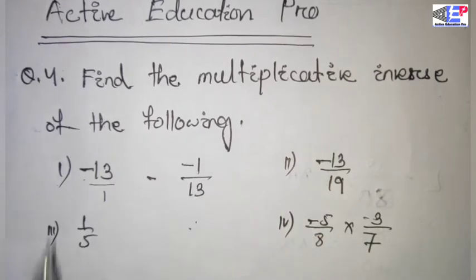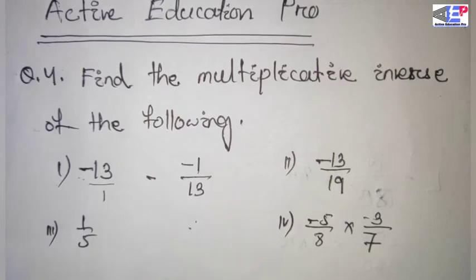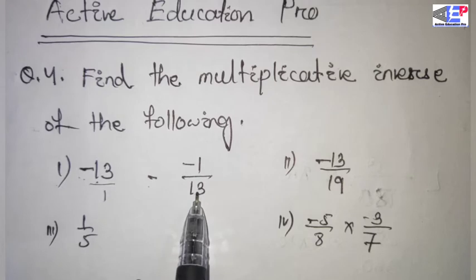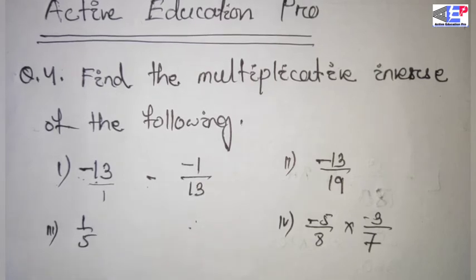When you multiply minus 13 with minus 1 by 13, the answer is 1. If the product of two numbers is 1, the multiplicative identity, then both numbers are multiplicative inverses of each other. Minus 13 is the multiplicative inverse of minus 1 by 13, and similarly minus 1 by 13 is the multiplicative inverse of minus 13.